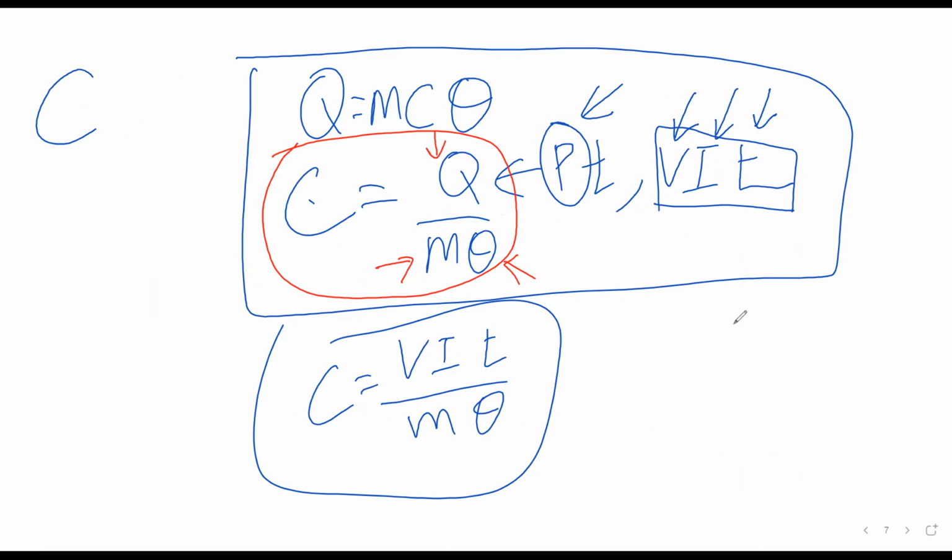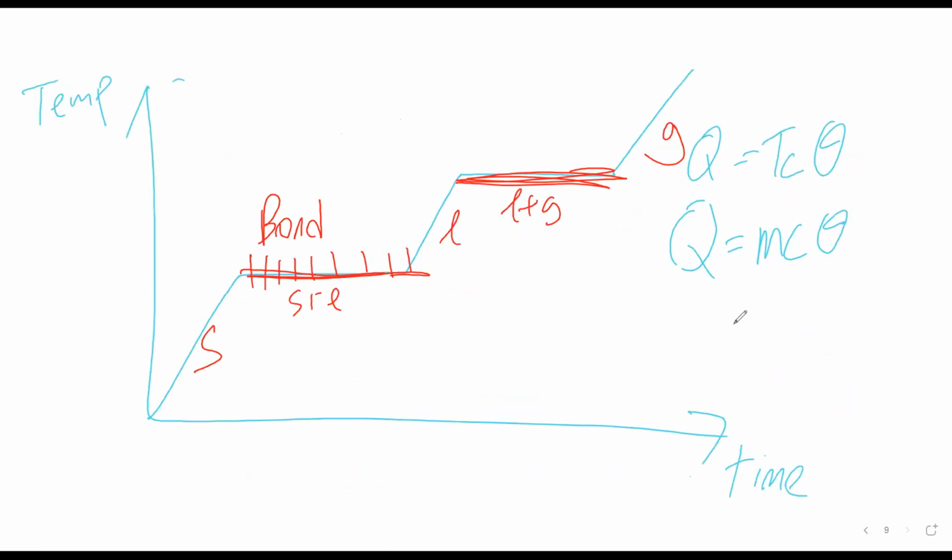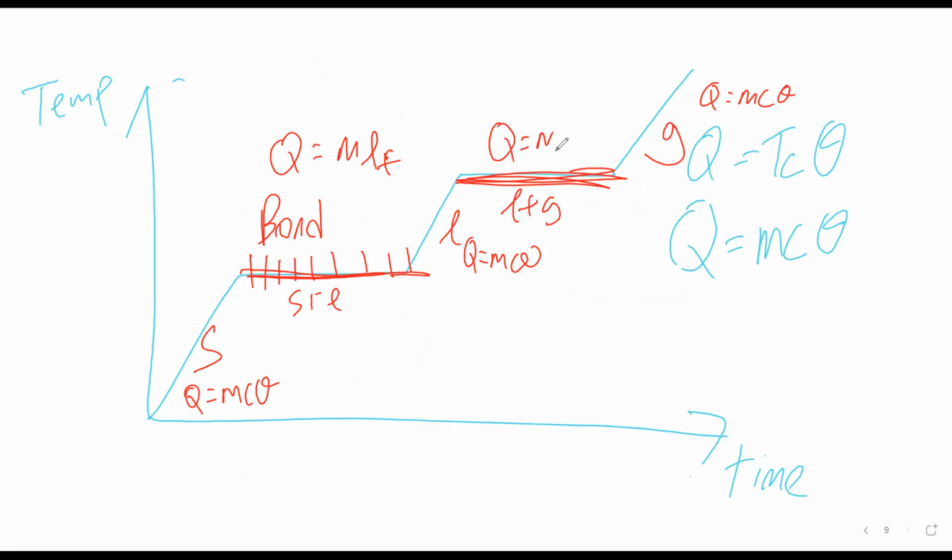Latent heat, Q equals to m L_f and m L_v. If it's L_f and L_v, how do I define it, guys?